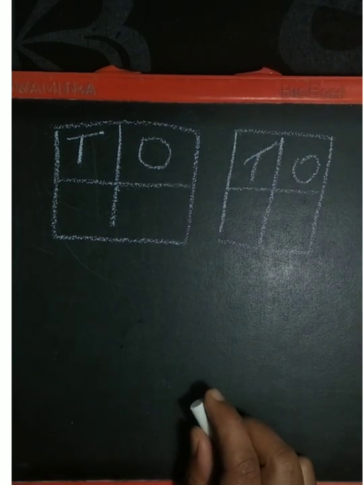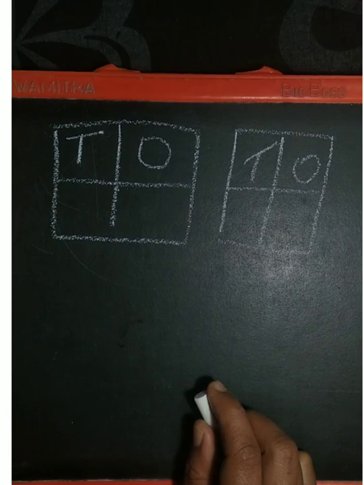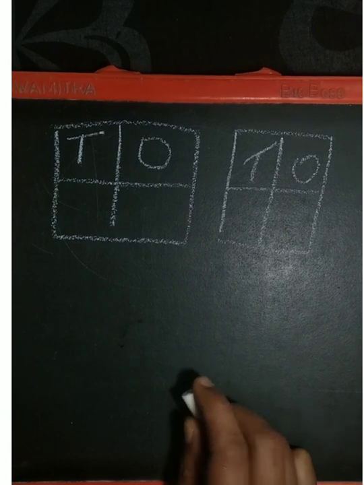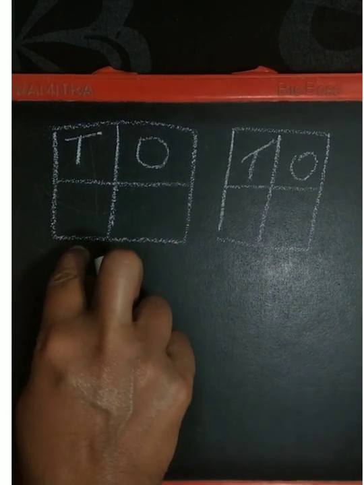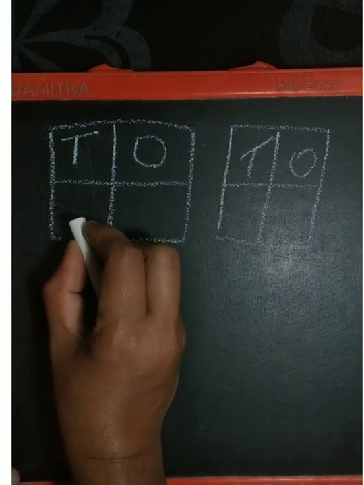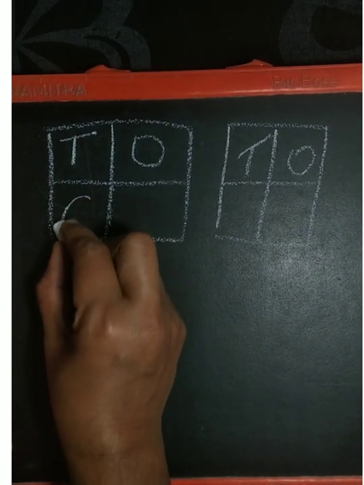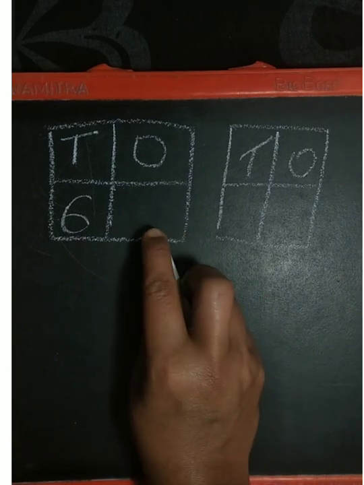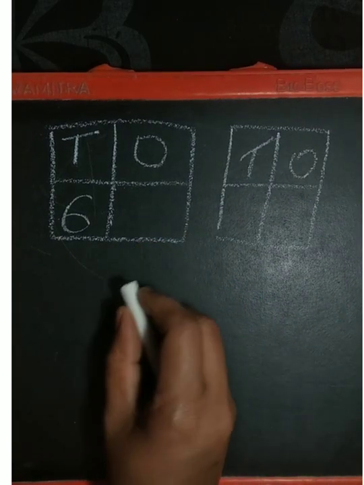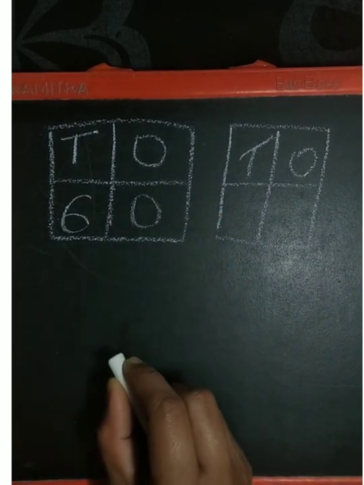So this is the second digit. And she says the first number has 6 tens. And she doesn't mention anything for ones. So we consider it to be 0.